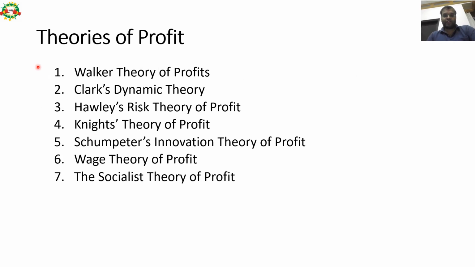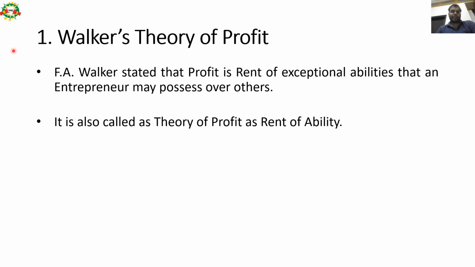These are the 7 theories of profit. We'll study each one of them one by one in a very small and concise manner, within 2, 3, 4 lines, from an examination perspective only. So the first theory is Walker's theory of profit. F. A. Walker stated that profit is the rent of exceptional abilities that an entrepreneur may possess over others.